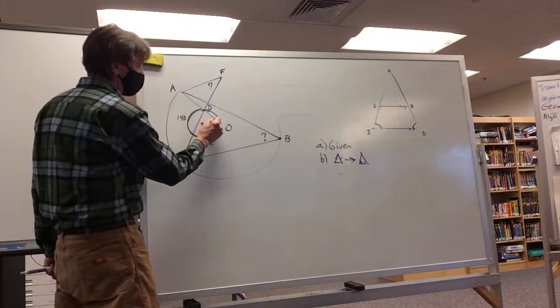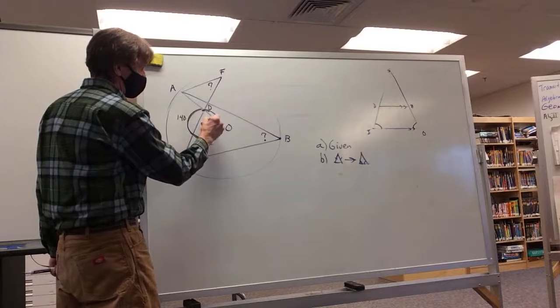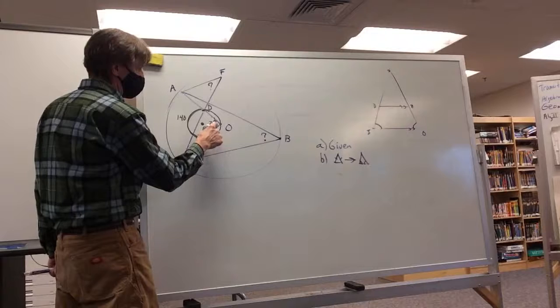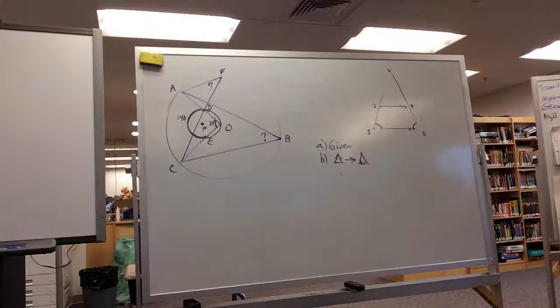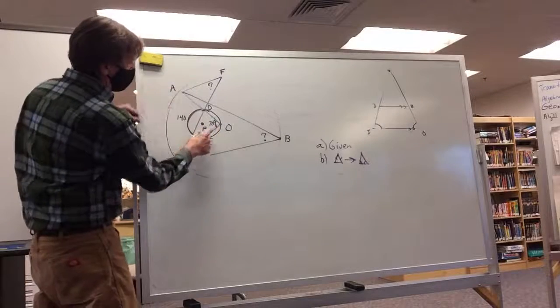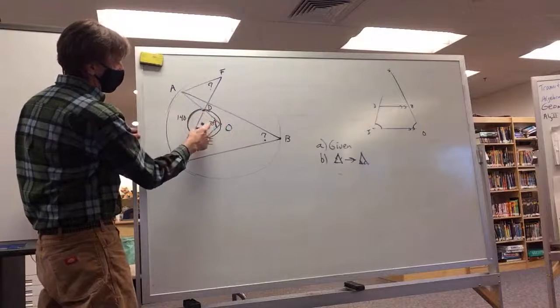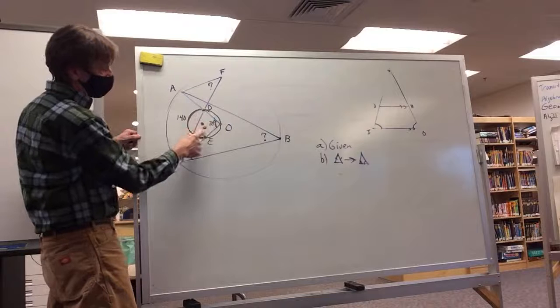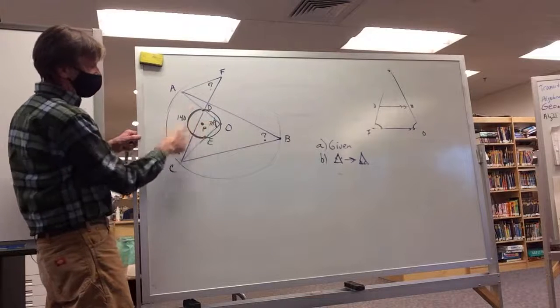This one is 70 right here? Is that right? So angle DOE. How do you know it's 70? 140 divided by 2. Okay. And since this blue line from O to E and O to D is an inscribed angle, that angle is half of that arc.